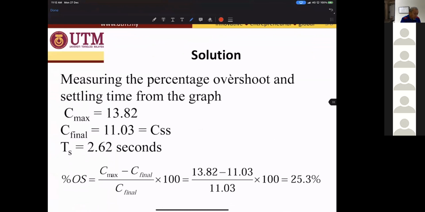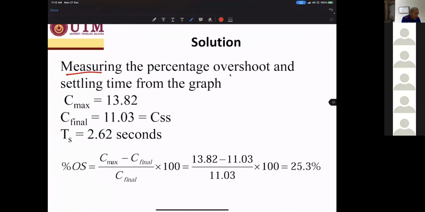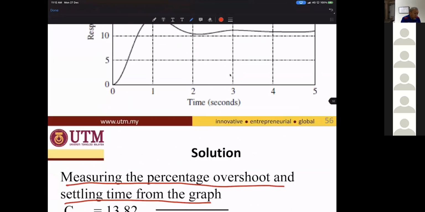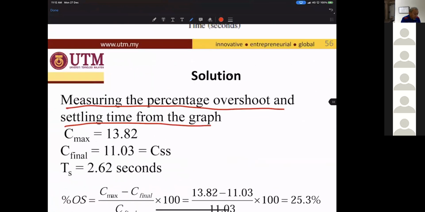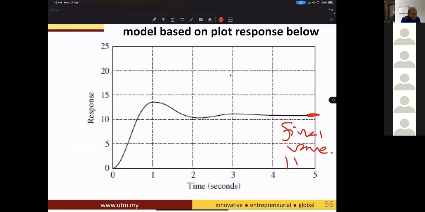Then we start to measure the overshoot percentage and settling time from the graph. First we have to find the final value. The final value is about 11.03.